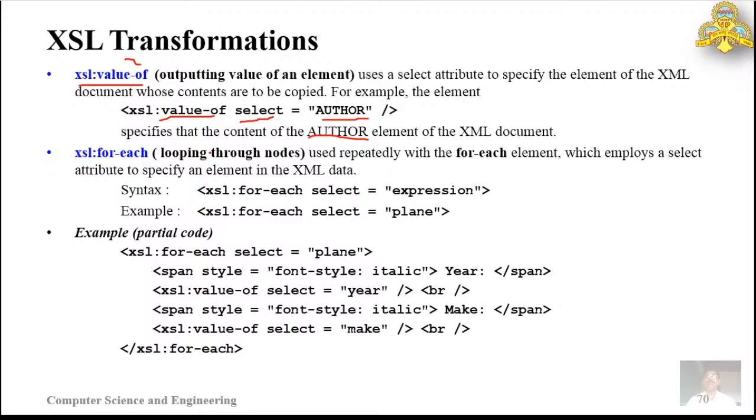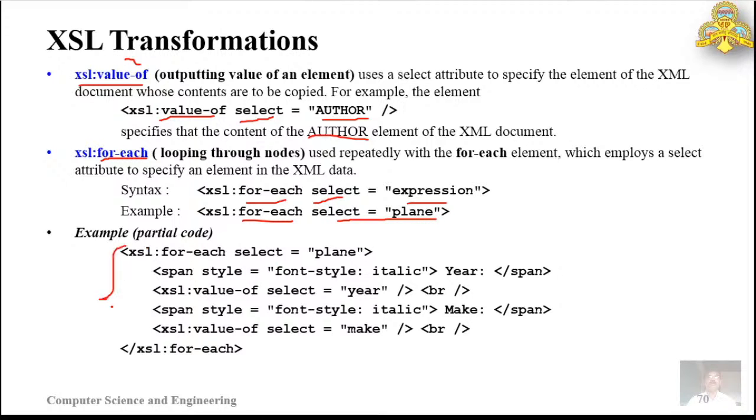If you want to loop through the nodes, I have one more, that is for-each. This is used to repeatedly process elements. Whenever it is a complex type of element with child elements that occur or repeat several times, and I want to process each of them, I use this. The syntax is for-each select equals expression, for example for-each select equals plane.